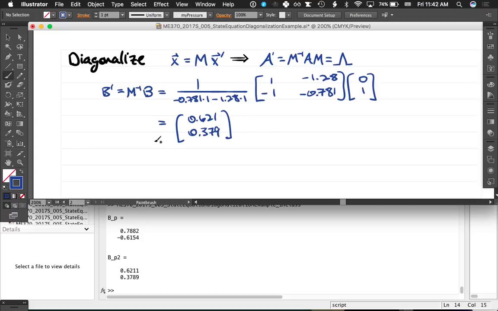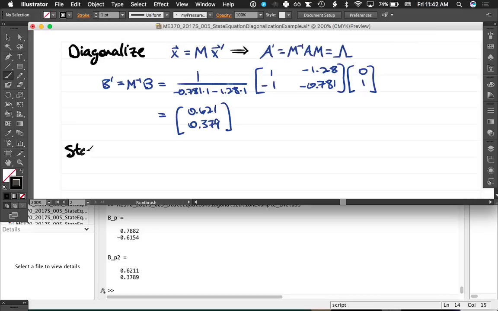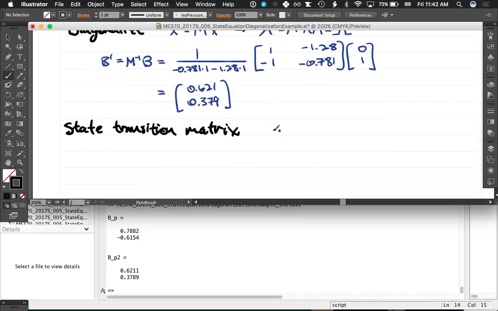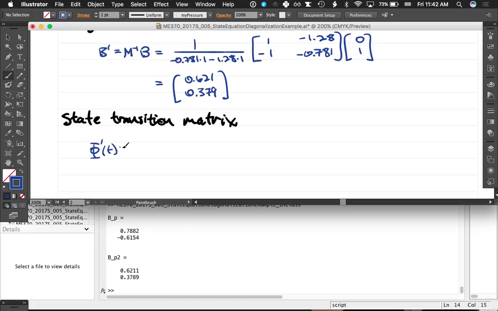Okay, now we can construct our state transition matrix. If we construct the state transition matrix, we want to know in the primed coordinates what it is first, because that's the one that's easy to compute. So phi prime of t is equal to, do you guys remember what it is?